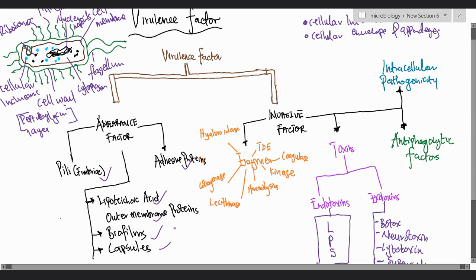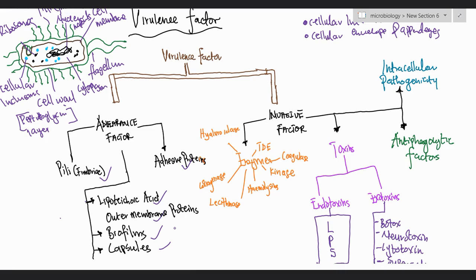Now the adhesive factors or the adherence factor, as the word goes, adherence, these are structures found on the bacteria that allow it to attach itself to the host cell, so that the bacteria can eventually penetrate the host cell and then destroy it.